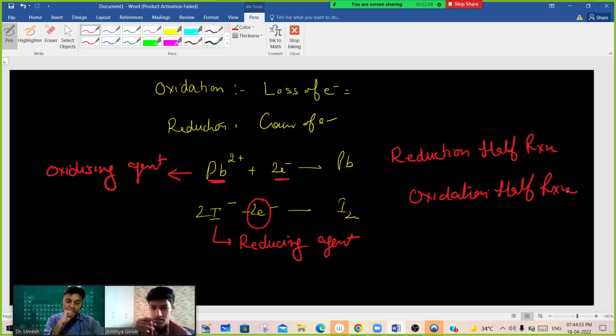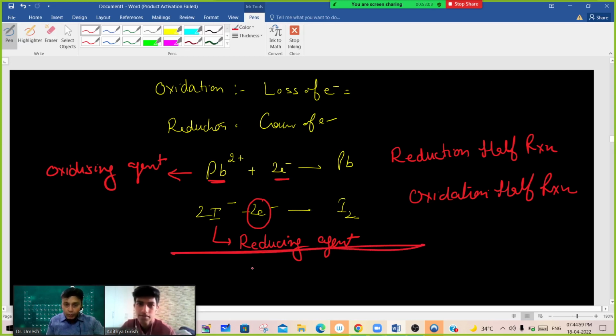Overall, I can write lead 2 positive ion and 2 iodide negative ion to give PbI2.